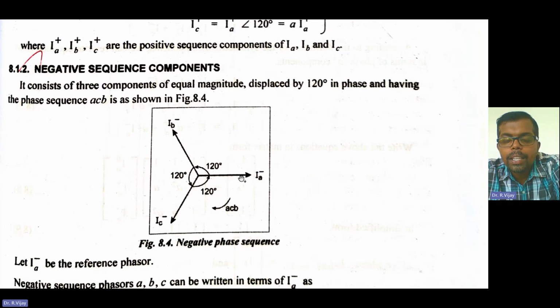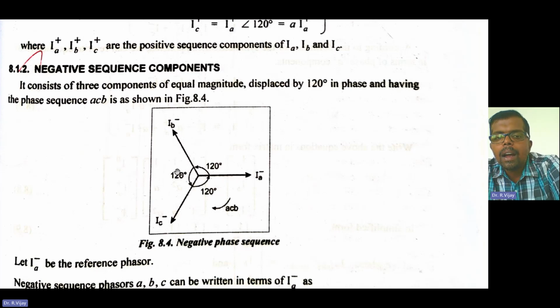So here, if you compare with the positive sequence component, it is IA, IB, and IC. But in the negative sequence components, it is IA minus, IC minus, and IB minus, and which is having the phase shift of 120 degree apart. That is between IA negative and IB negative 120 degree, and between IB negative and IC negative, it is again 120 degree.